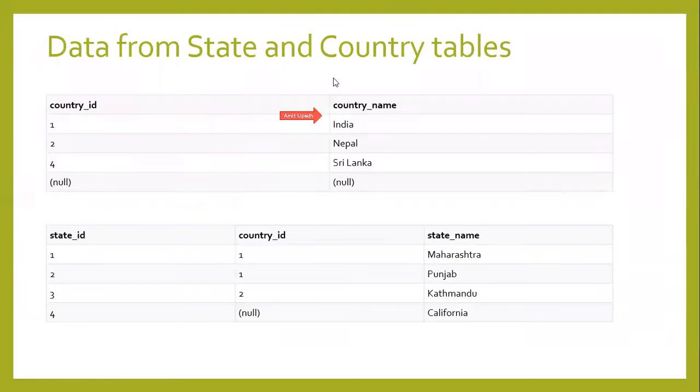So as you can see, Sri Lanka here does not have a matching entry in this particular table, right? There is no state which belongs to the country of Sri Lanka. So Sri Lanka is missing in the second table. You also notice that California is actually missing in terms of the country. So there is no country here that matches with California.